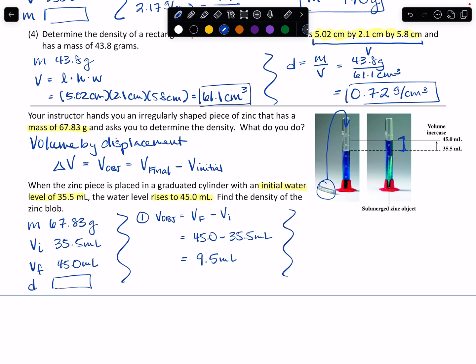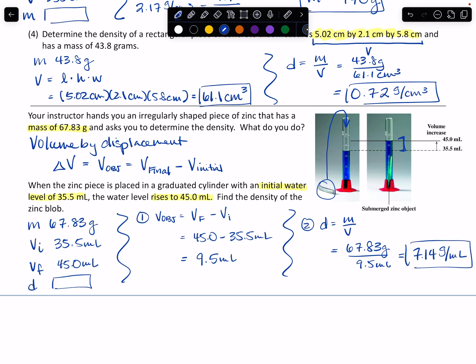Now that we know that volume, we can calculate density using the density formula, mass divided by volume. So we have 67.83 grams divided by 9.5 milliliters, which gives us a density of 7.14 grams per milliliter.